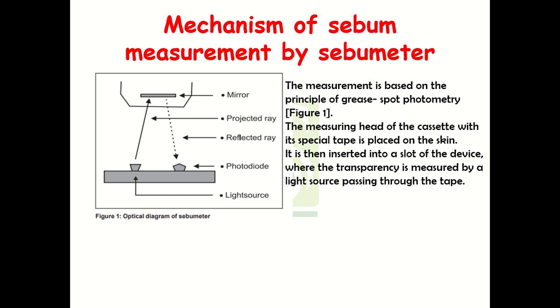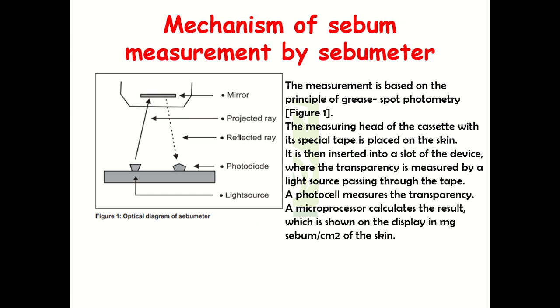Then it is inserted into a slot of the device where its transparency is measured by a light source, which will be passing through that tape. Then a photocell is used to measure the transparency. The microprocessor calculates the result and it is displayed on the display.